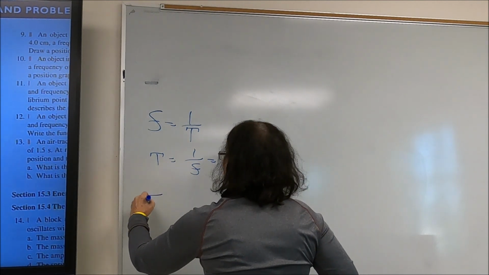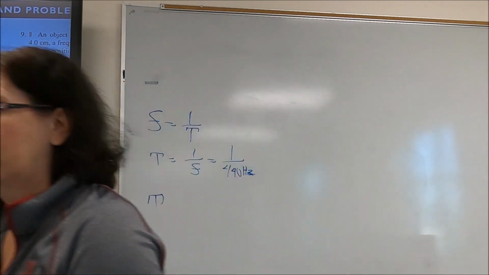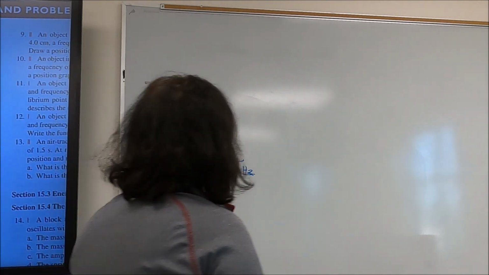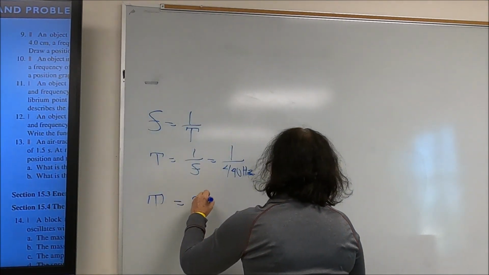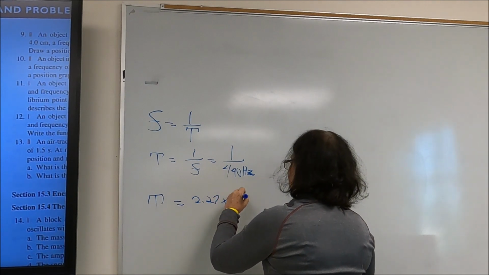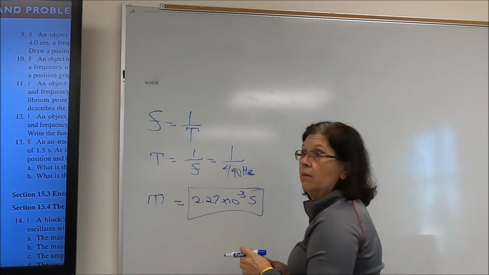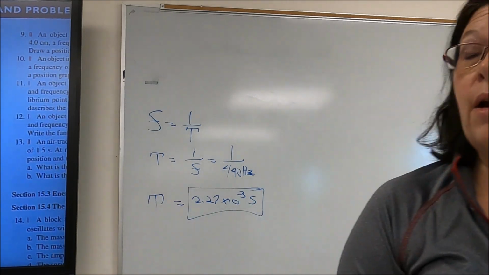Okay? So the period is going to be small. 1 divided by 440 is equal to 2.27 times 10 to the minus 3 seconds. Not bad at all.